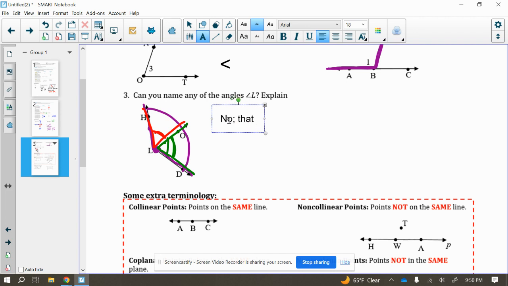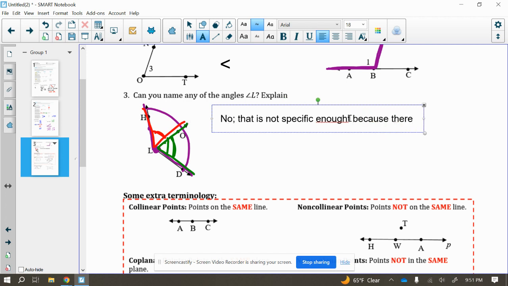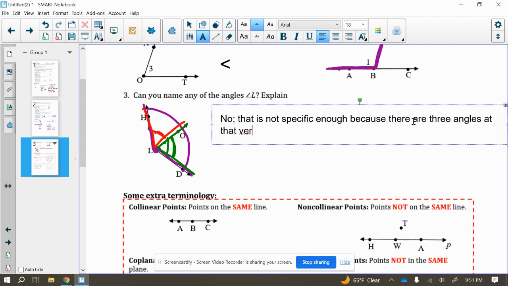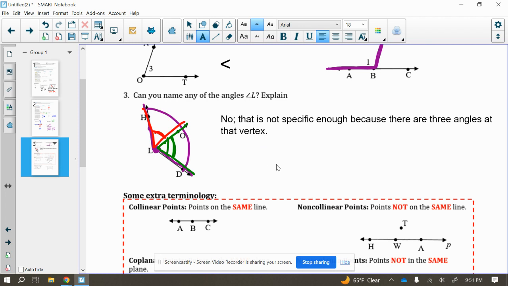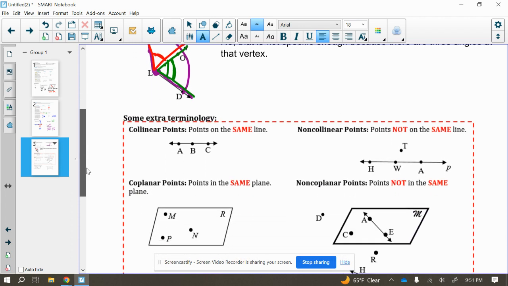So we should say no, that is not specific enough because there are 3 angles at that vertex. So again, that's why we often want to use 3 letters so that we can appropriately name which angle L we are talking about.